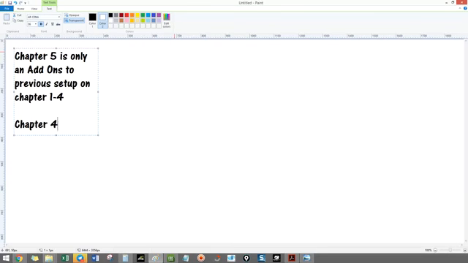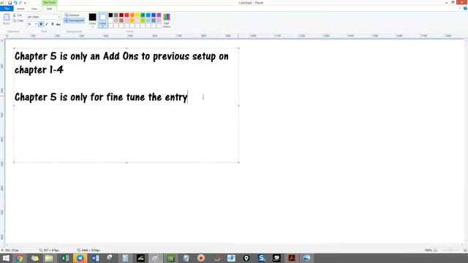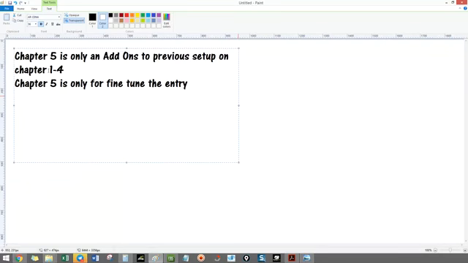Chapter 5 is only for fine-tuning the entry, and it is the least important. The most important is chapter 1. I will note this down. Chapter 1, most important.